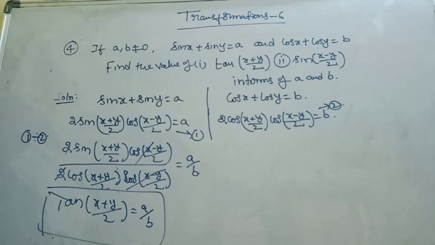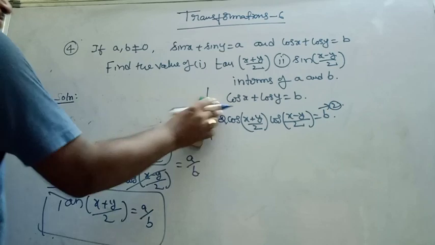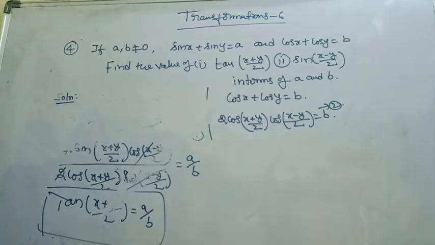Very good. Now you see, my dear students, we want sin of (x minus y)/2. We have got tan of (x plus y)/2 as that. Now we want sin of (x minus y)/2. For that, we will erase this part.